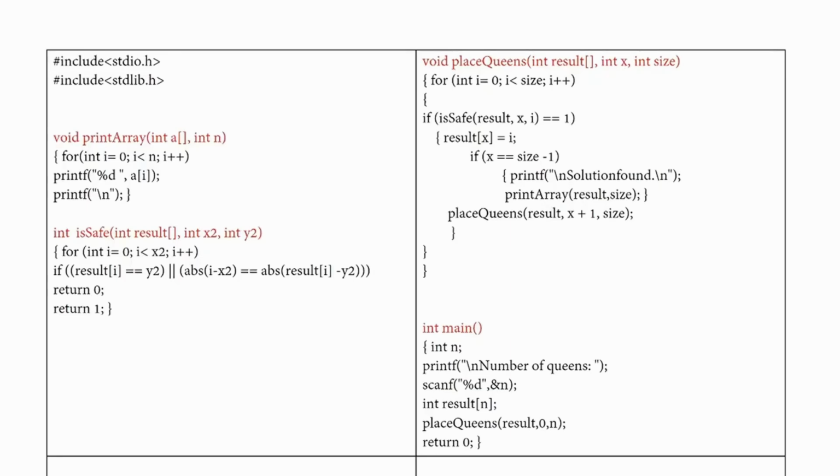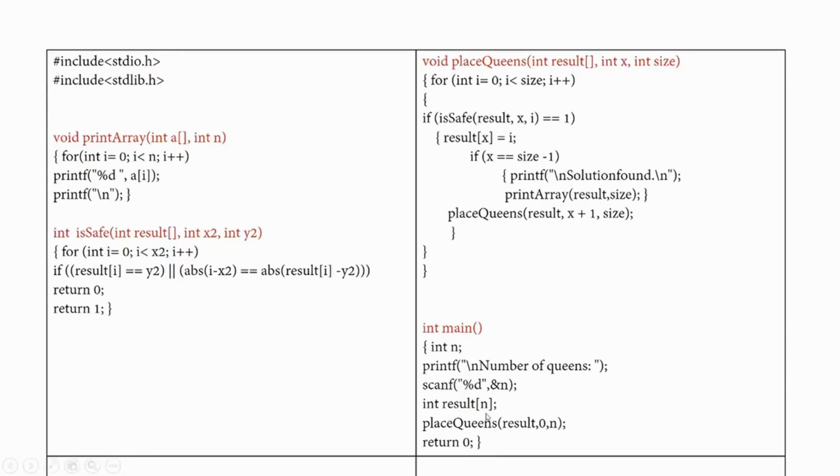Now this is the C program code for placement of n queens on an n by n chessboard. Basically here we are storing the result in a linear array, as we are storing every new queen row by row. That means we merely have to take into account the final positions as the column values of the respective queens, because the row is automatically incremented one by one as we keep on adding queens into the chessboard.